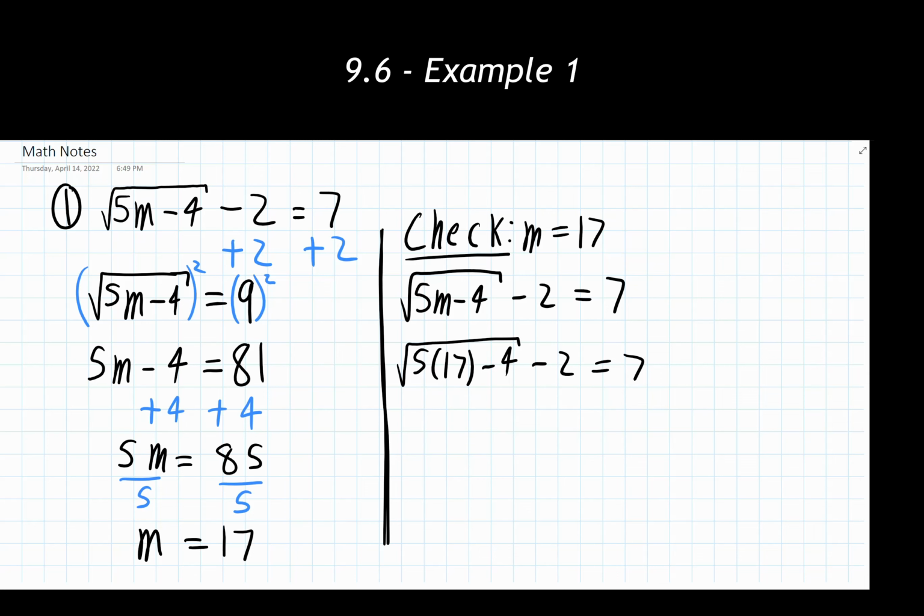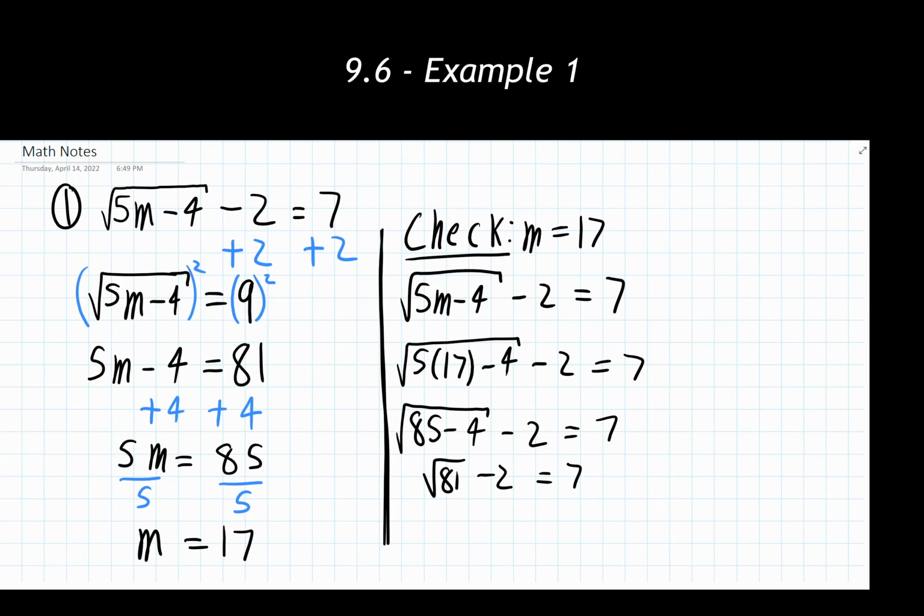At this point, we want to simplify this whole left side on its own, and simplify the whole right side on its own. On the left side, 5 times 17, I'm going to use a calculator off screen here, which you're welcome to do as well. That's going to give me 85. 85 minus 4 is going to give me 81.